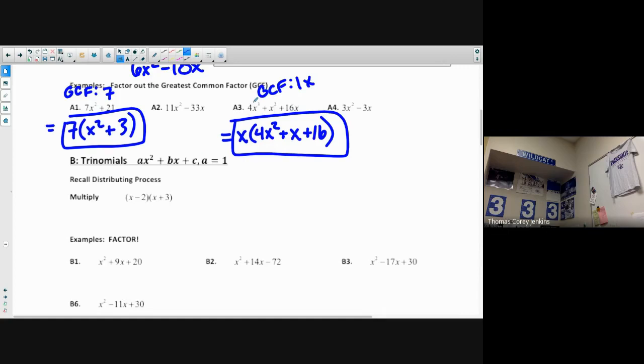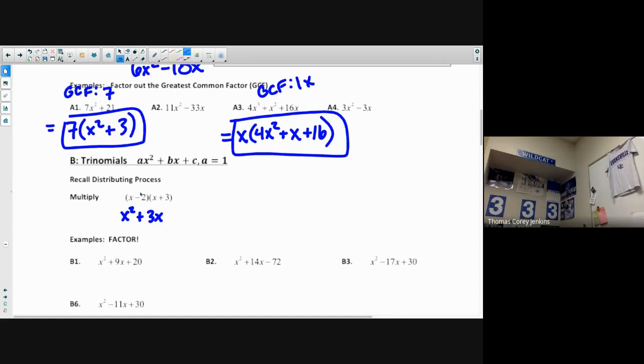Now we're going to get into the factoring part. The next two examples are the really important ones. So let's go ahead and look at them. Remember, when you have a binomial times a binomial, you basically are distributing twice. So you distribute the x. X times x is x squared. X times 3 is plus 3x.